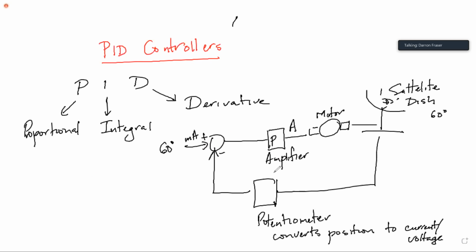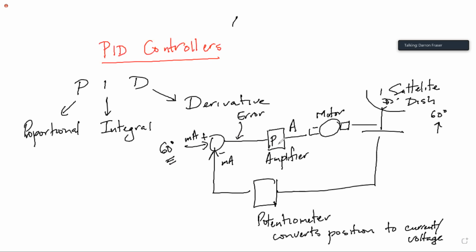So what we are saying is that when your satellite is going up towards 60 degrees, the position is going to rotate, and the feedback value is going to be of the order of milliamps. So this is my error signal. The difference between what I want and what I presently have.